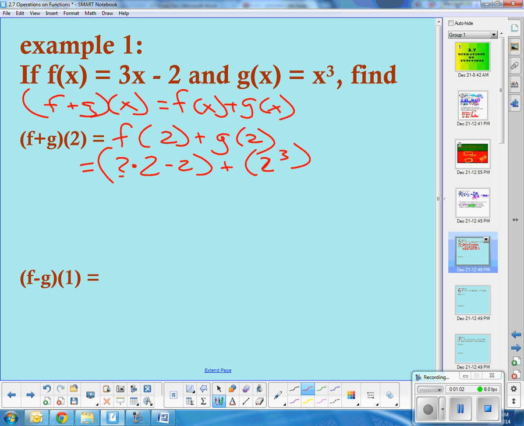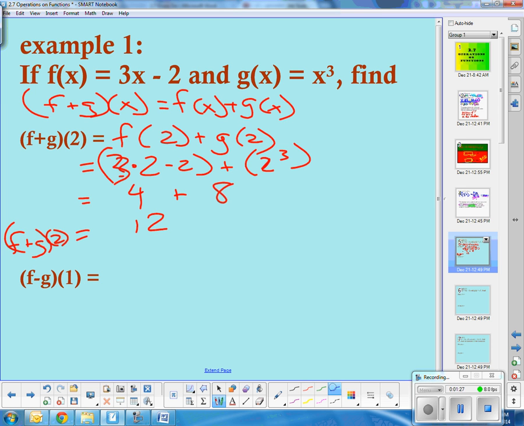I like to use the grouping symbols to make sure, just in case I have any negatives in there, that things distribute properly. So 3 times 2 is 6, 6 minus 2 is 4, 2 cubed is 8, so that would be 12. So f plus g of 2 is equal to 12, a specific value.